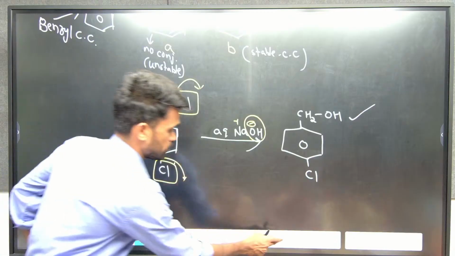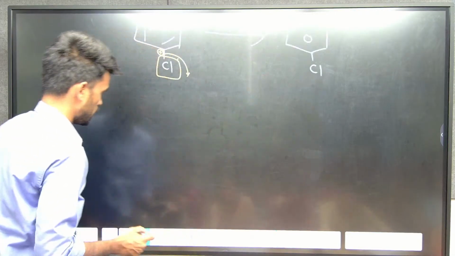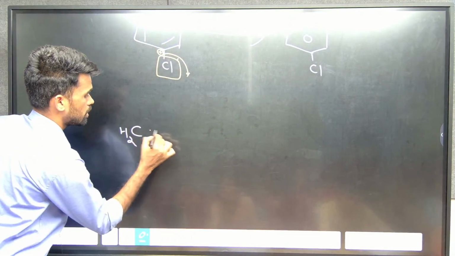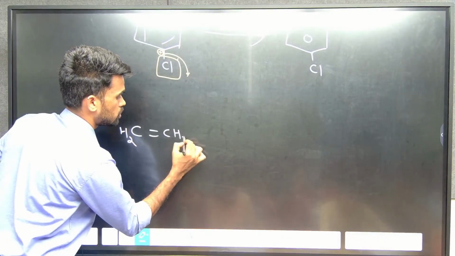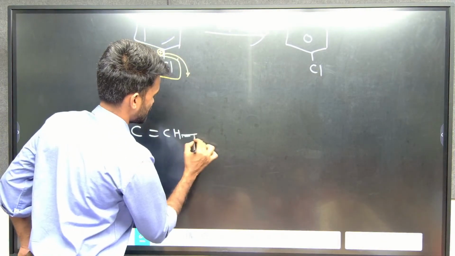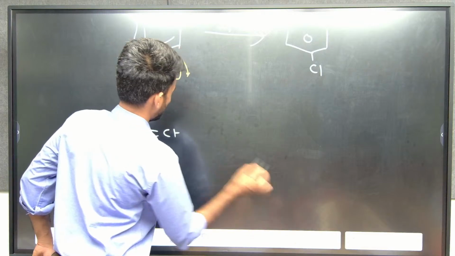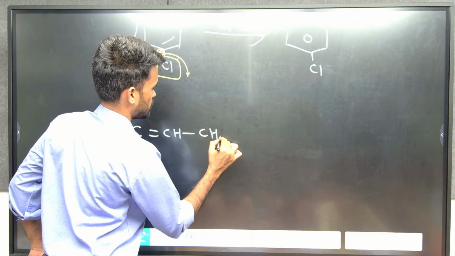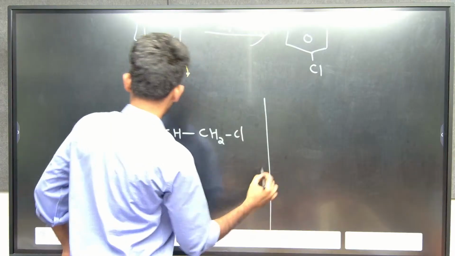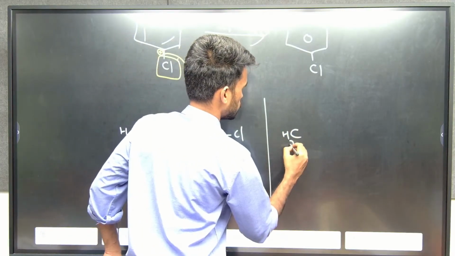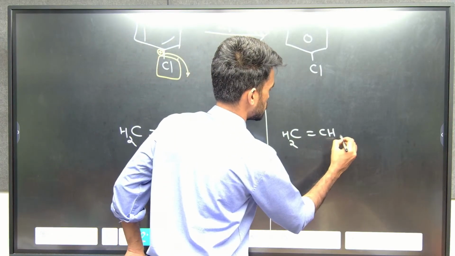Okay, next one. Look at the system: CH2 double bond CH, CH2Cl, and CH2 double bond CHCl.